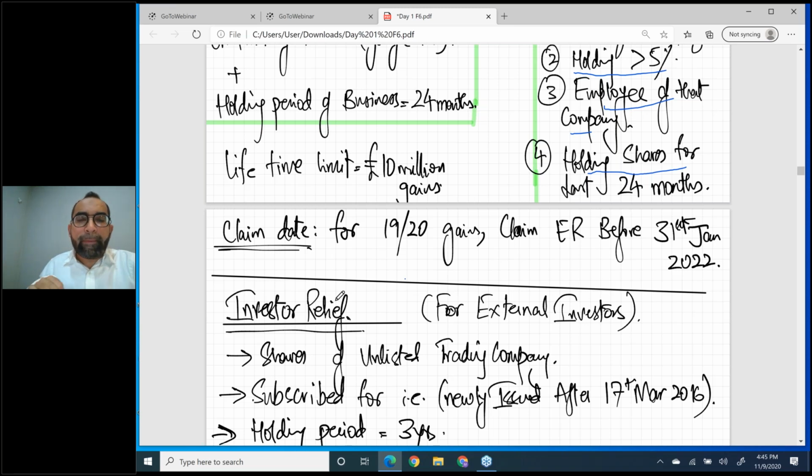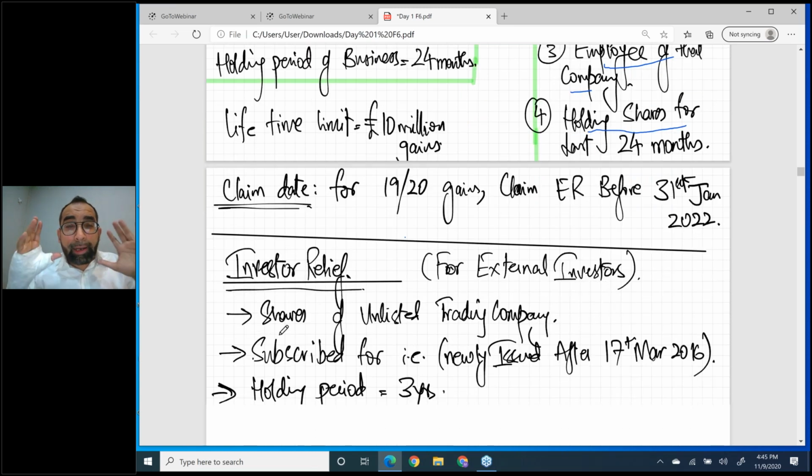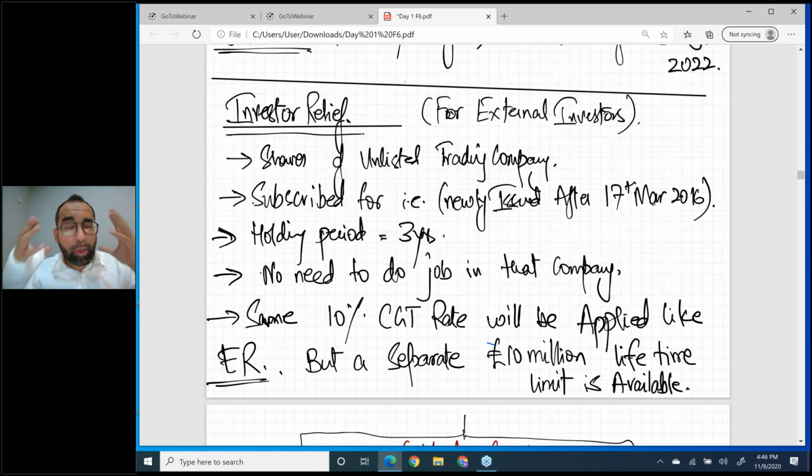Okay. Now, one very interesting topic, that is investor relief. This is a very new relief, and this is applicable from this current fiscal year. For entrepreneur relief, you must be the director or the employee of that company.